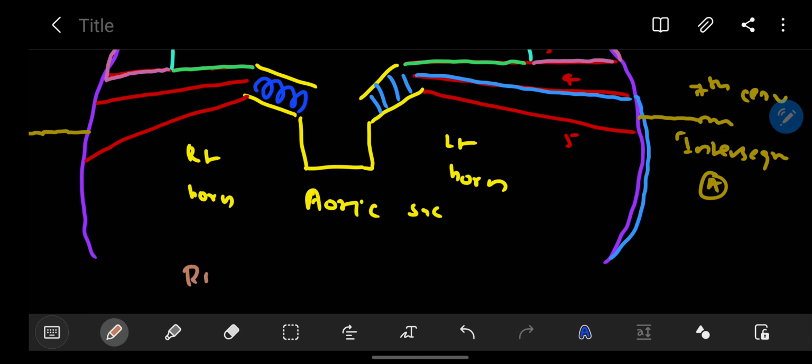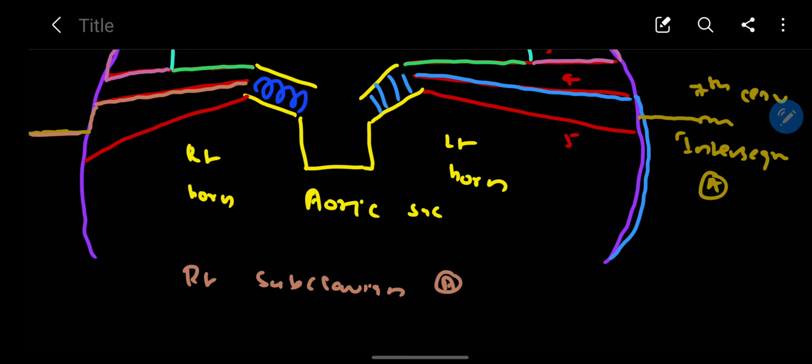Next, the right subclavian artery. It is formed by the right fourth arch artery plus the right dorsal aorta, which is cranial to the seventh cervical intersegmental artery, and the seventh cervical intersegmental artery.